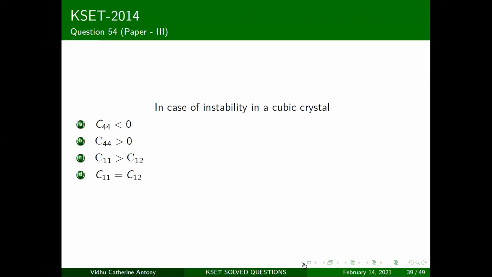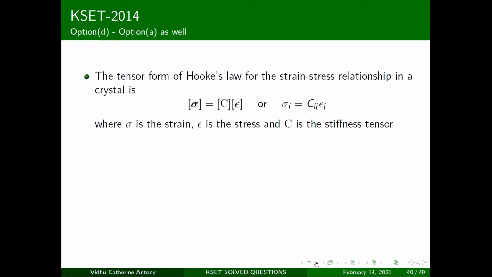There's something called the Born instability parameters. This is something you will see in the tensor form of Hooke's law, in your fourth semester. Let's look into this in a bit of detail.